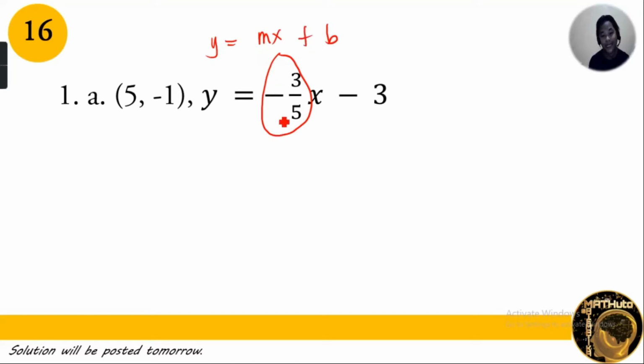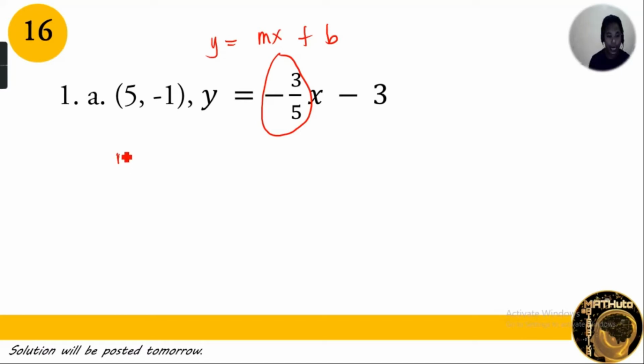So, m refers to our slope and negative 3 refers to our y-intercept. Since yung ating equation ng line na hinahanap is parallel sa given line, ibig sabihin, pag parallel lines, they have the same slope.